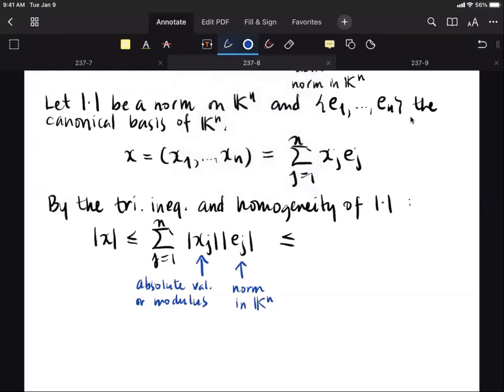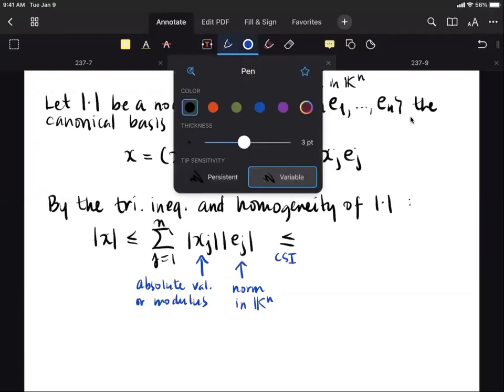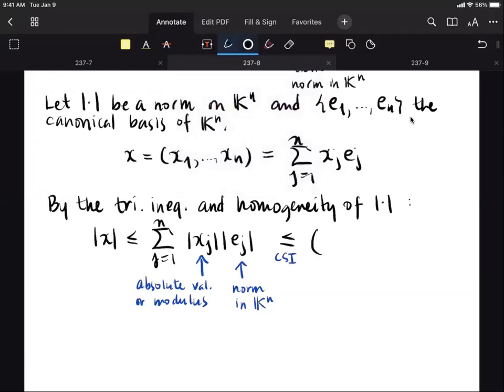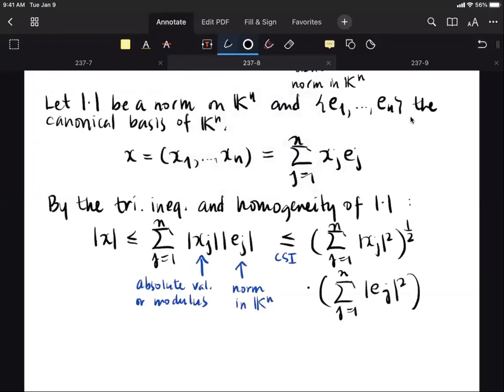Well, in any case, these are real numbers. So applying the Cauchy-Schwarz inequality, you have the following. One to n ej squared 1/2.